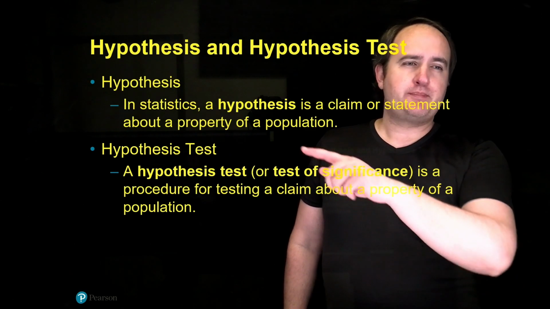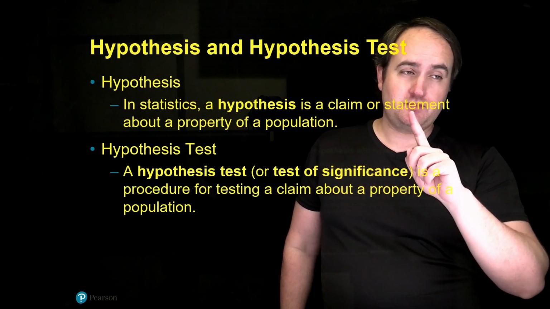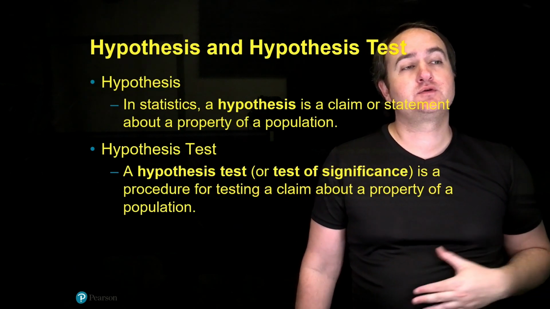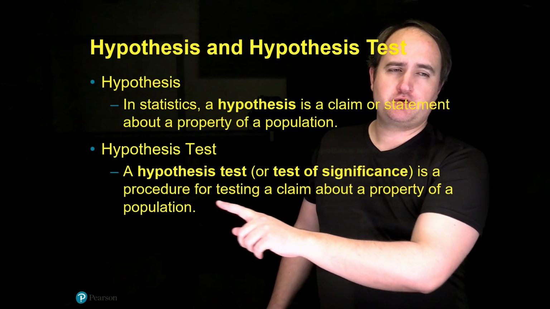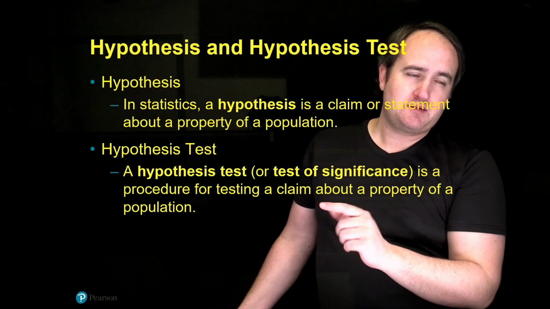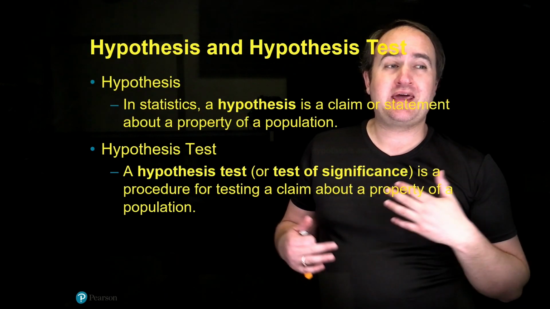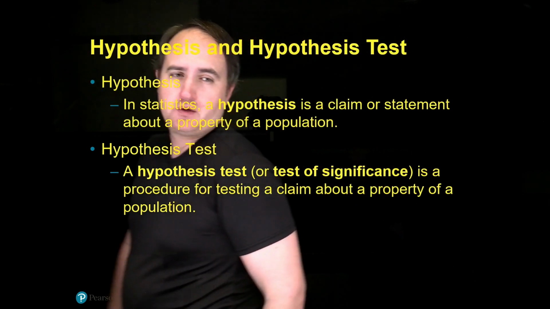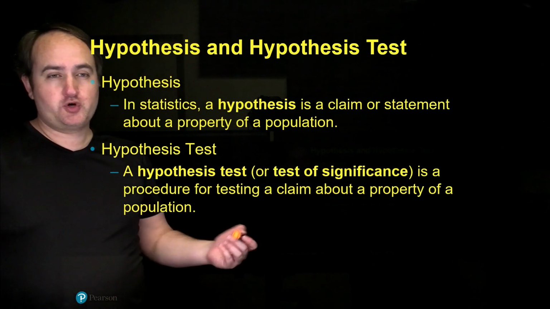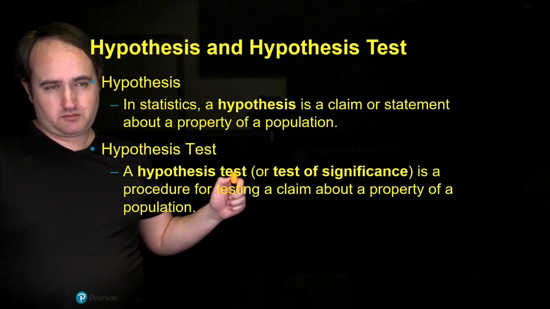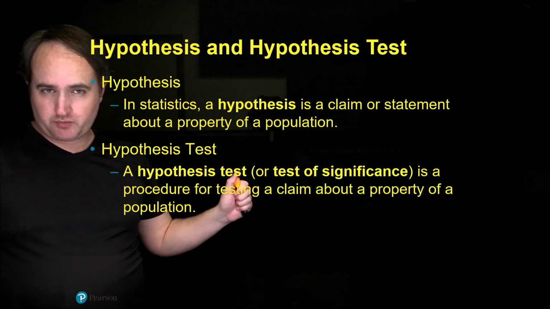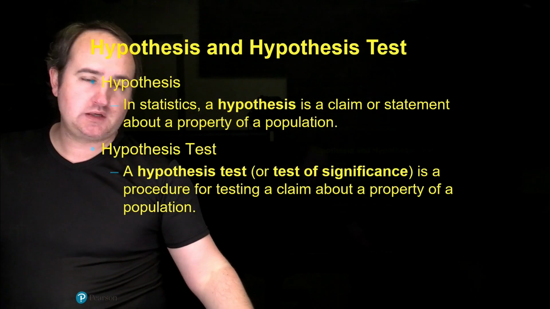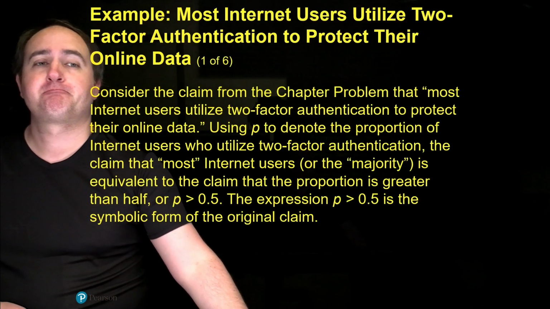So if a hypothesis is a claim or statement, then a hypothesis test, which is what we're learning how to do in this section, is just a procedure for testing whether that claim is supported or not supported by the evidence that we have from our data values. Okay? And again, we're focusing on the population proportion P. Okay, but the stuff we're learning here can also be used for mu or sigma.